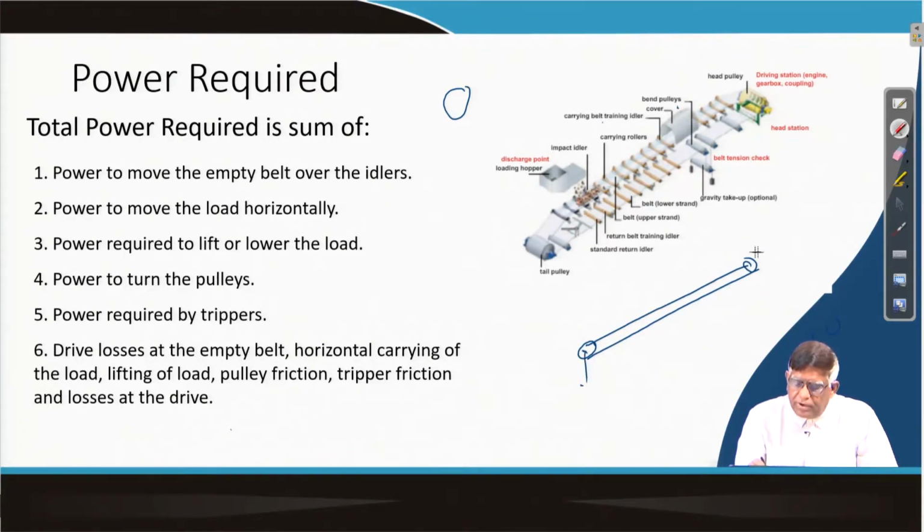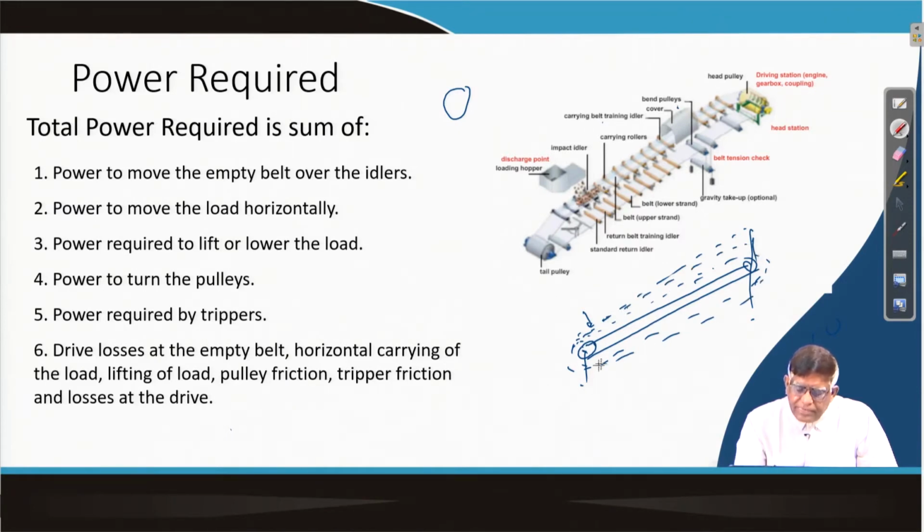Now, in that conveyor belt there will be some resistances coming. For example, there will be initial tensions all along here, and then when your load is coming, that load will go on increasing like this. The empty belt will also have some weight, which will move all along over here.